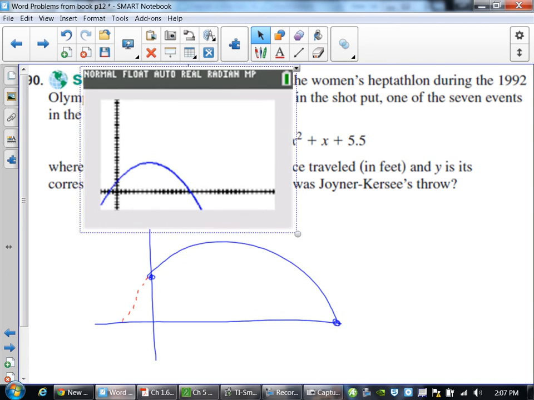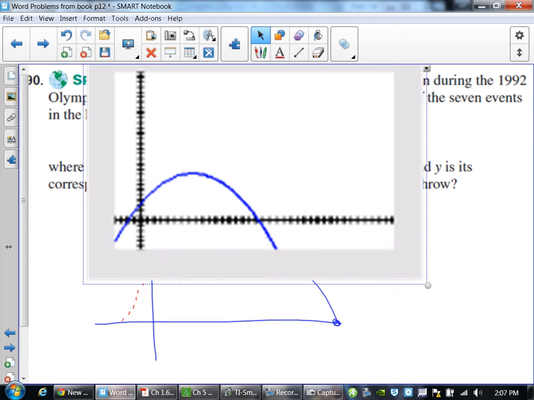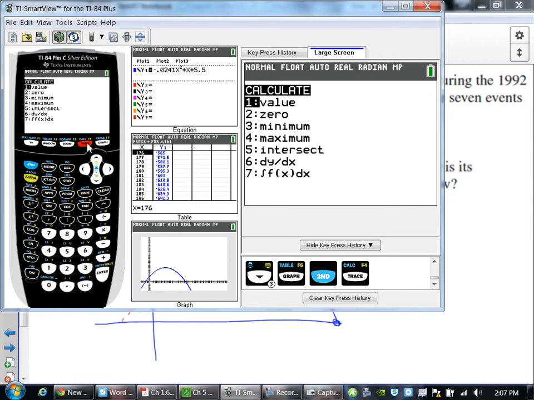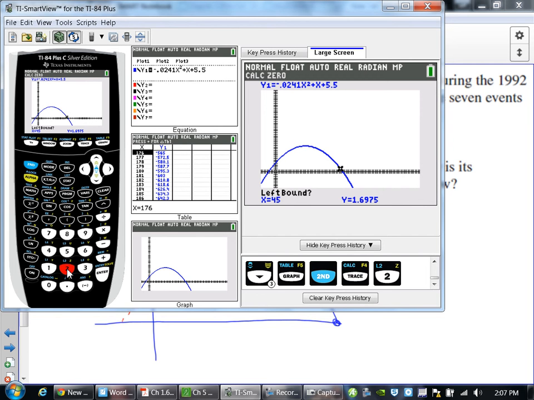What we're doing here is we're trying to figure out this distance, which is some value of x right here. We need to find that x value. That x value is a zero of the curve. So what we're going to do is calculate, second trace, zero, option number 2. When we're calculating zeros, it depends on what side of the graph we're looking at.